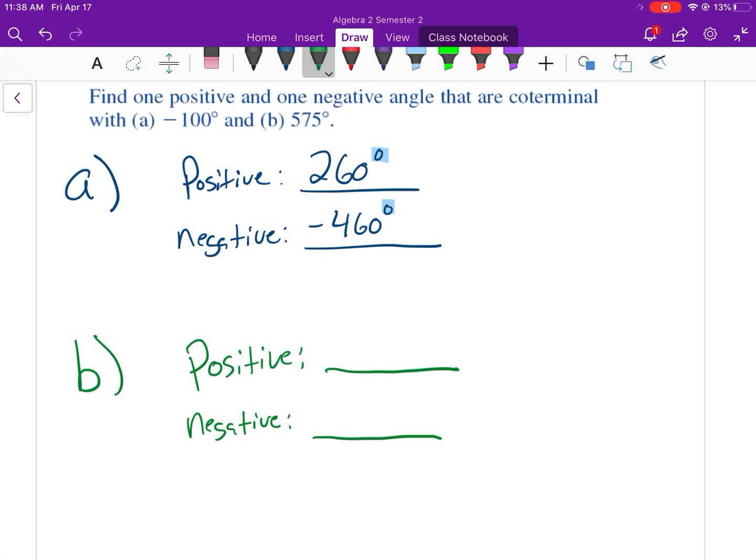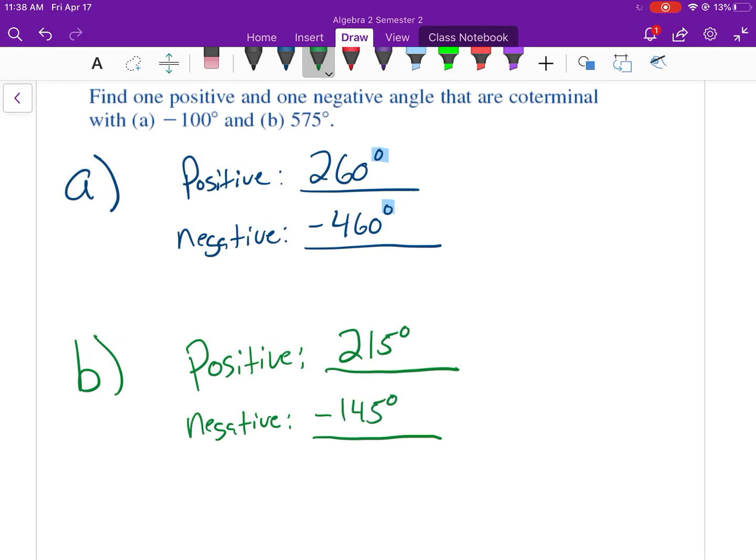That's still positive, so I could use that as my positive coterminal angle. Now, you're not restricted to one rotation. To get to a negative coterminal angle, we have to do two full rotations. So you're subtracting another 360 from that 215. That will get us to negative 145 degrees.